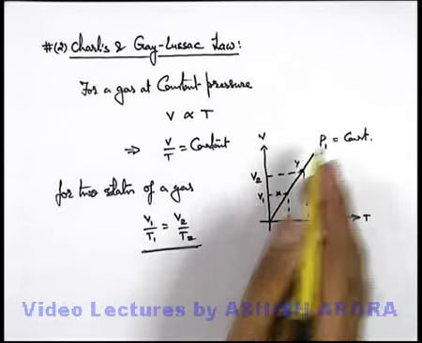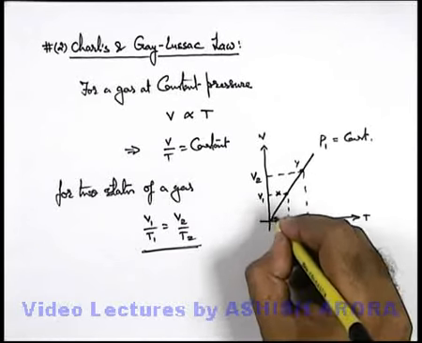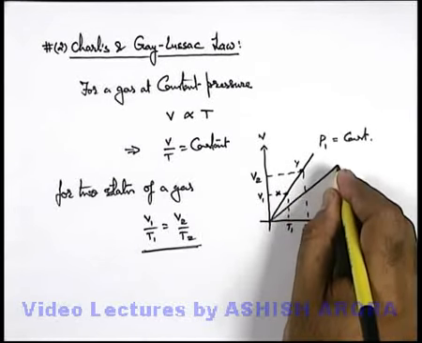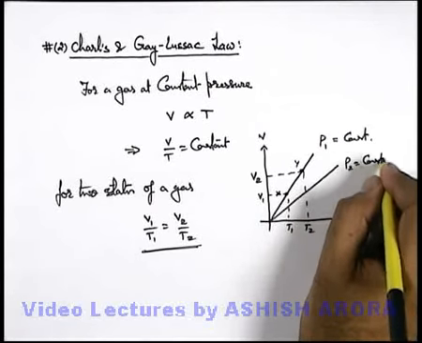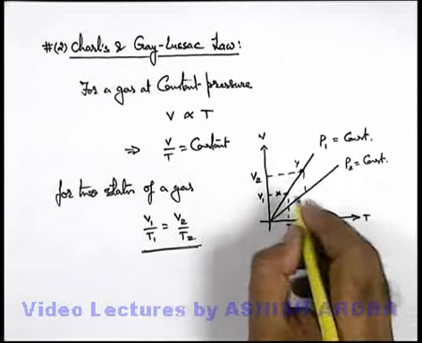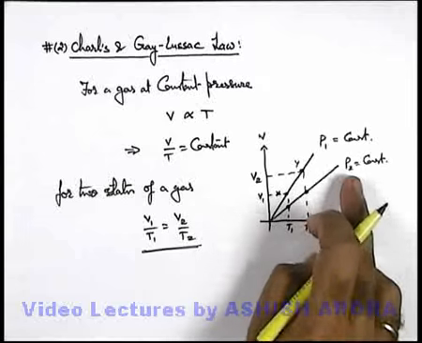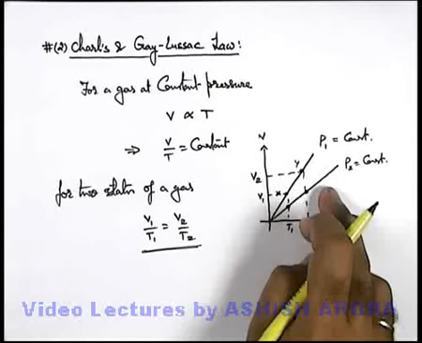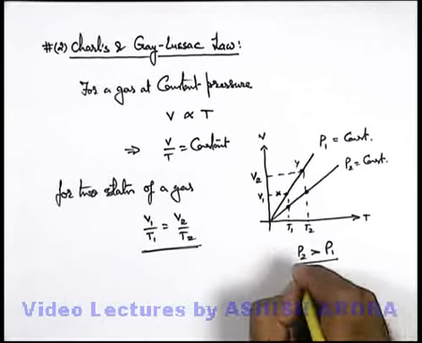Say if we increase the pressure, the straight line will change like this. In this situation, if it is P2, which is also kept constant, then again volume temperature ratio remains constant, but the slope of this particular straight line at another pressure will decrease. Here we can state P2 is more than P1.